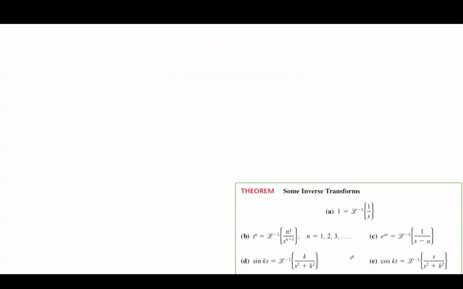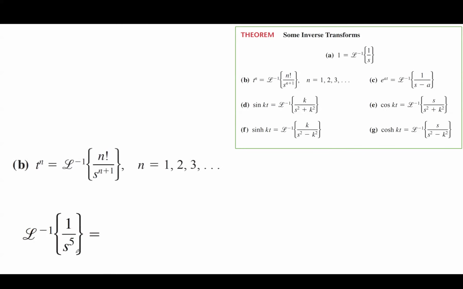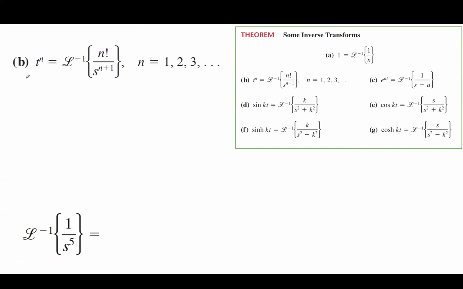So let us take a look at some examples. This is what we list as the inverse transformation. For example, if I ask you to calculate the inverse Laplace of 1 divided by s squared, we're going to use b. We know that t to the n is the inverse Laplace of n factorial divided by s to the power n plus 1. So the inverse Laplace of n factorial divided by s to the power n plus 1 can be written with n factorial in front.